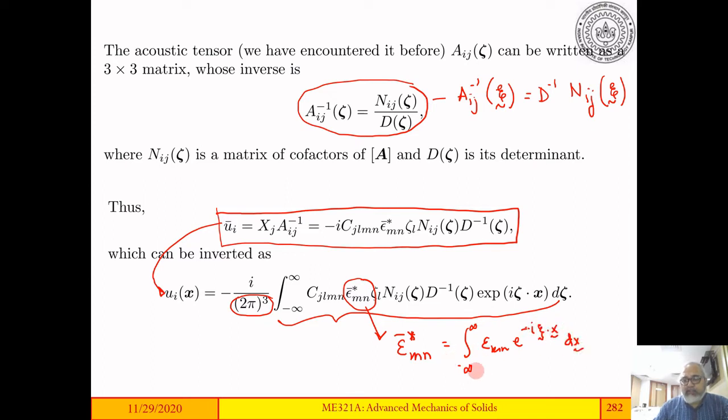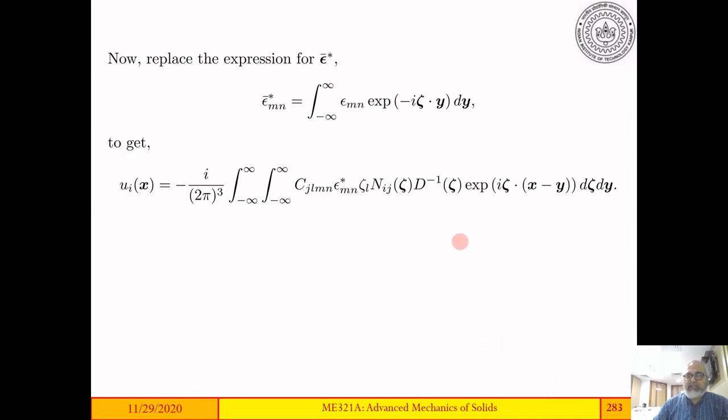So this is by definition. I am going to plug this in, but I already have this x here, so I'll call this y dy, and I will plug this into this, and I have now two integrals going from minus infinity to infinity. One because I replaced epsilon mn star bar by this exponential, and the other was already there because I have taken the inverse Fourier transform.